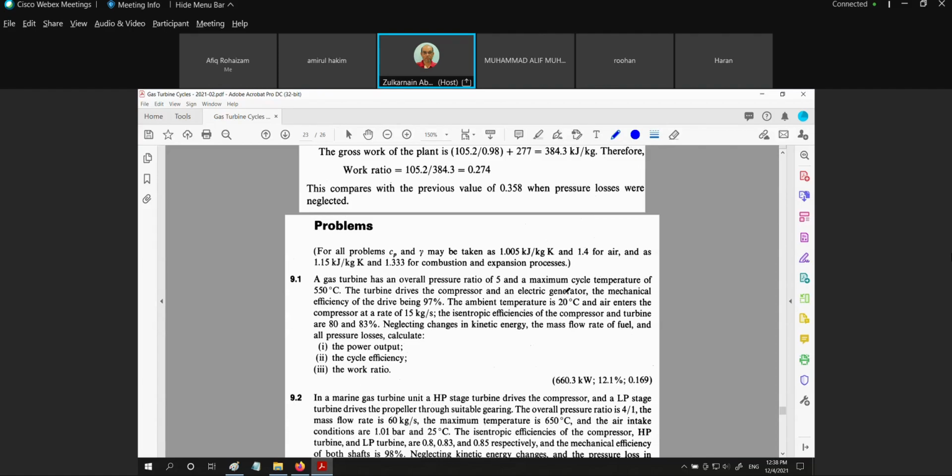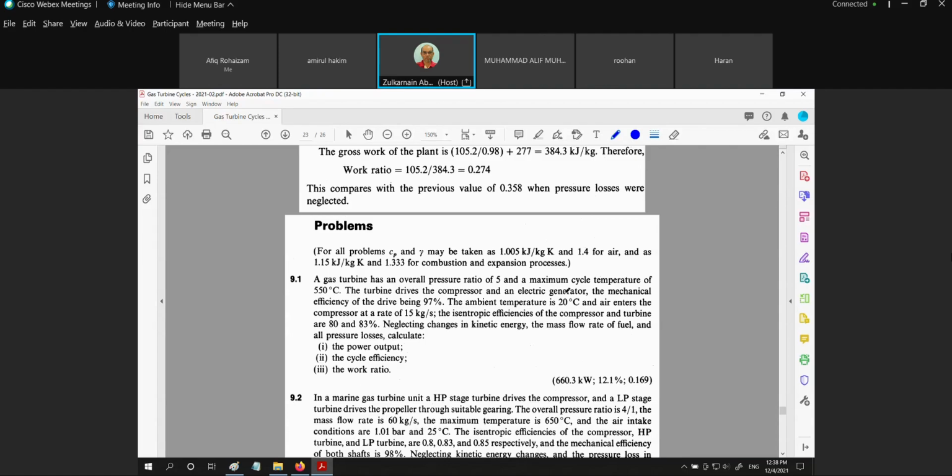So, what do we do? Ask ourselves, how many compressors and turbines? That should be the first question. If we look in detail at the question, we can see that there is only one compressor and one turbine.